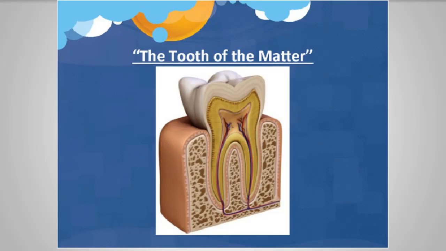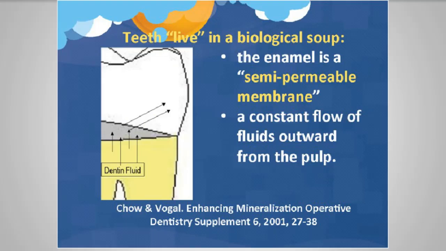Let's get to the bottom of it all. The tooth is alive. It's constantly dealing with what we do to it. Every time we eat or drink, there's a change going on, and the dentition has to respond to that change. They essentially live in a biologic soup.